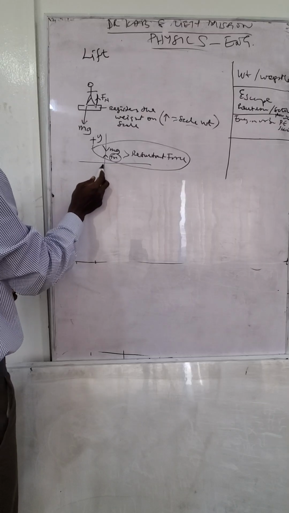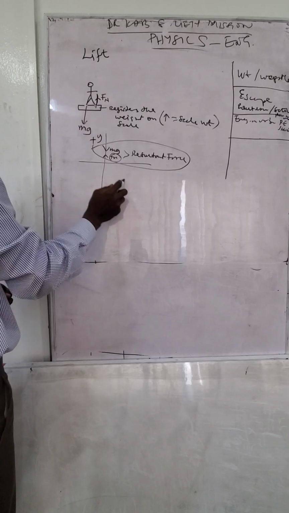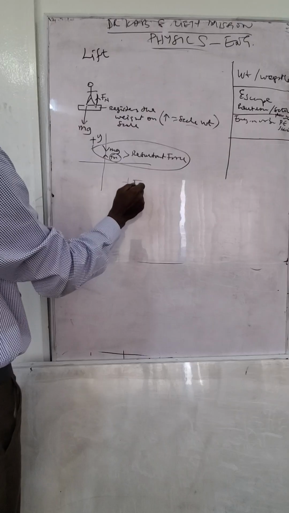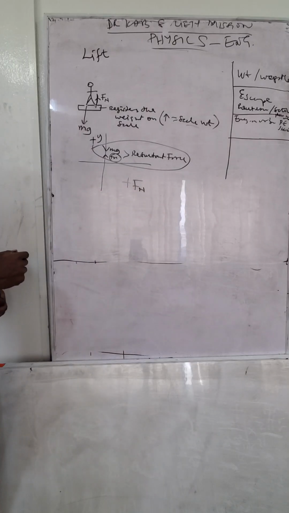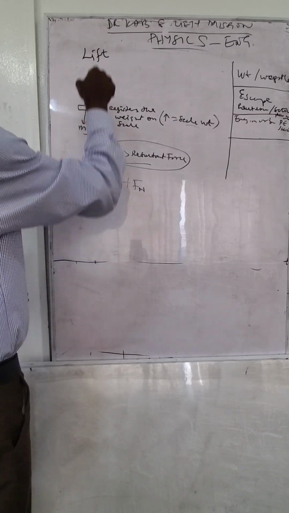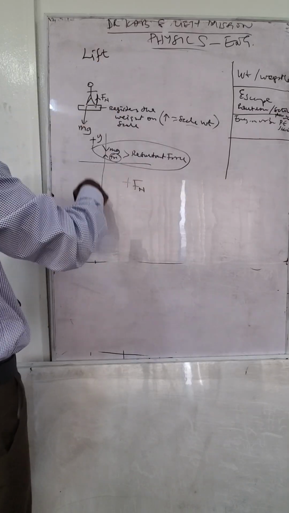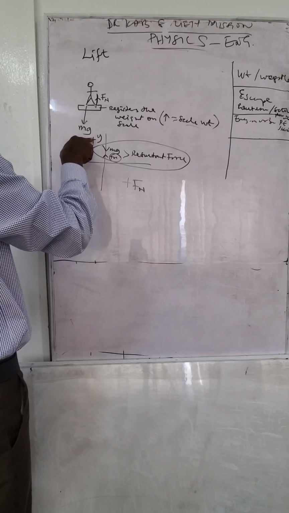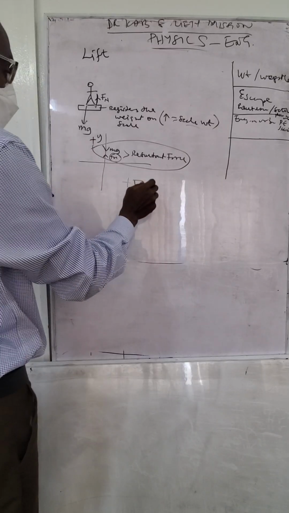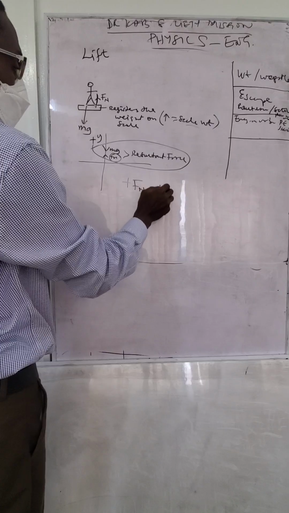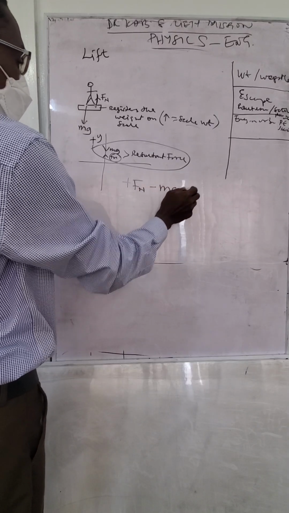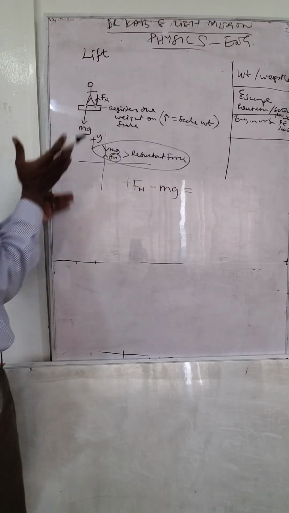If we assume that the direction of positive y is positive, we have positive Fn, that's the normal force, and then the gravitational force, the weight of the body, is going down. It's not in the direction of the positive y, so that will become negative mg, and then we'll have the resultant.